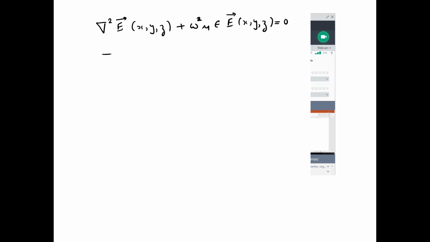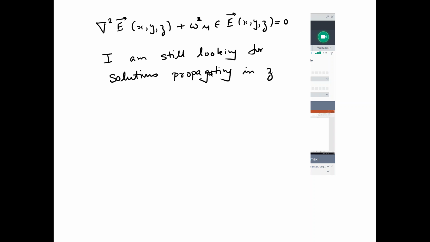I'm still looking for solutions which are propagating in z direction. The z direction is the direction of my propagation.